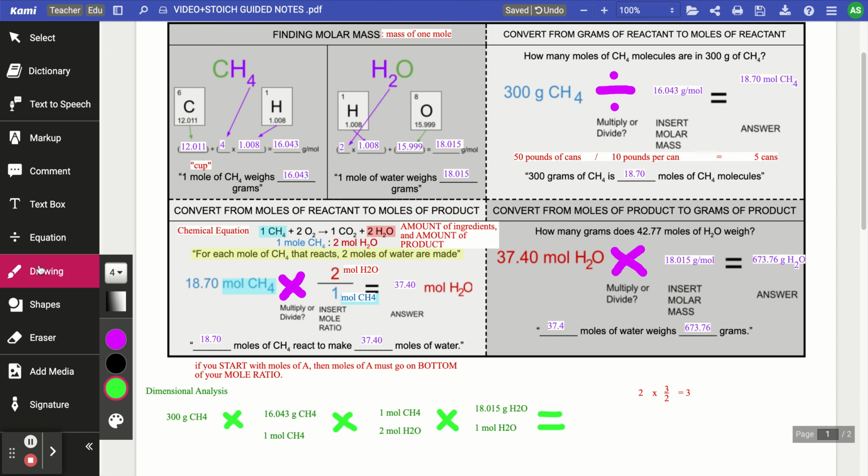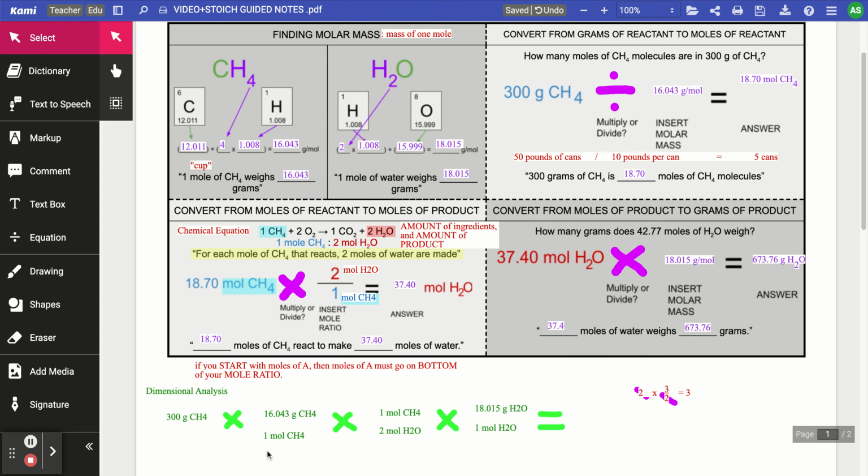Because what happens is that if something is on top and bottom of a fraction and they're being multiplied, they cancel out. So what I'm going to do here is grams of methane. I'm going to put grams of methane on bottom of my fraction and moles of methane on top. But look at that.